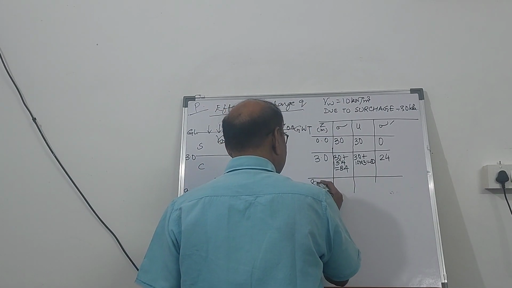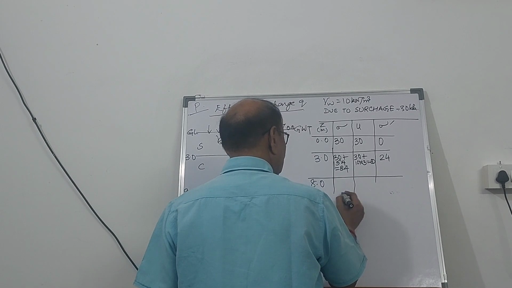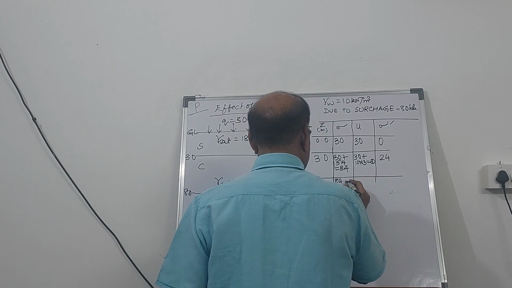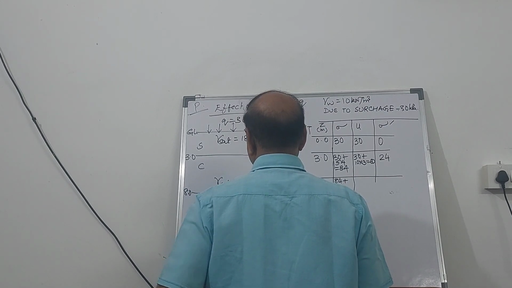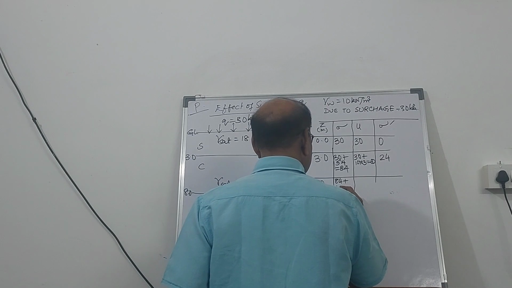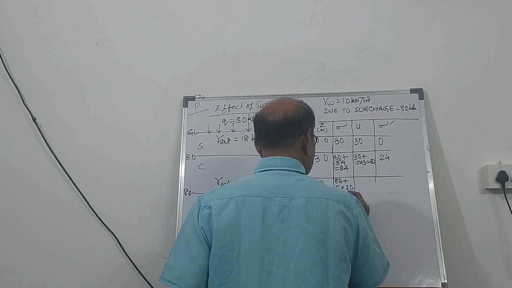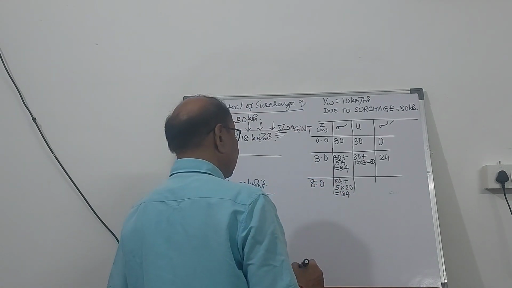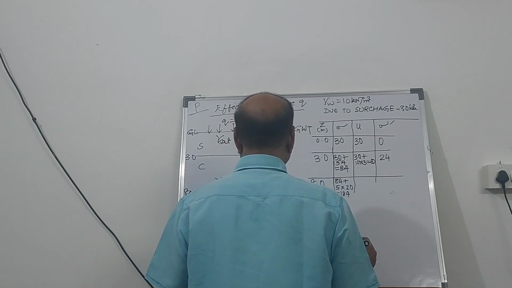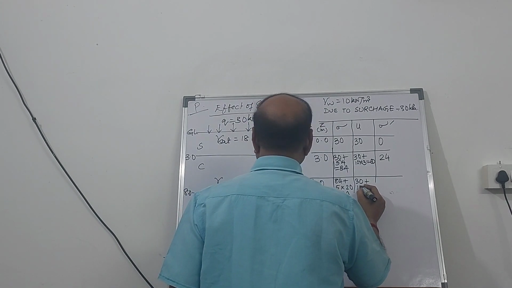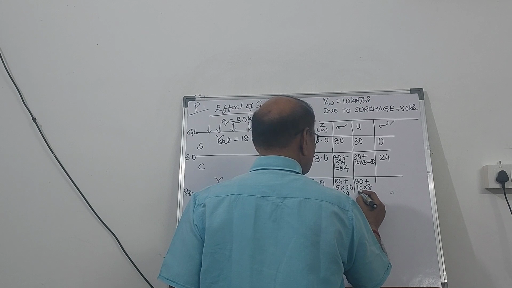And at 8 meter level, when you go down, there is going to be 84 plus, from 3 to 8, that is 5 into 20, it becomes 184. And the pore water pressure is going to be 30 plus 10 into 8, so it becomes 110.